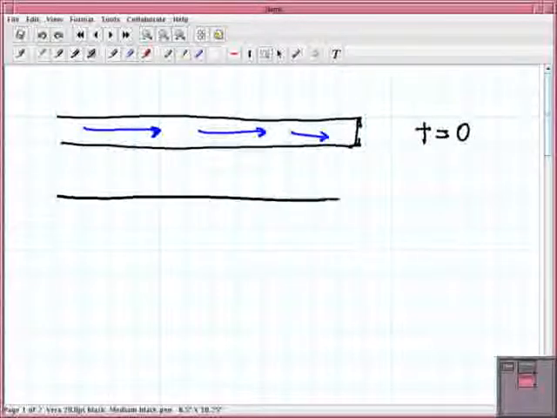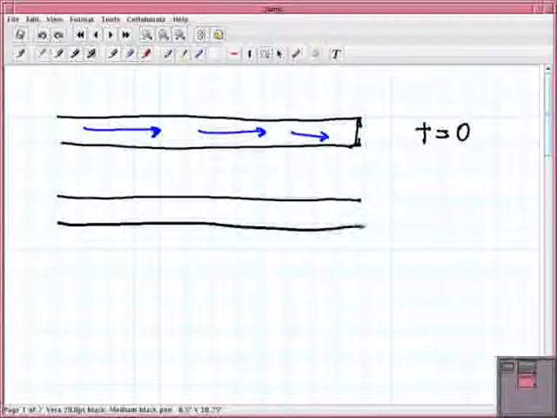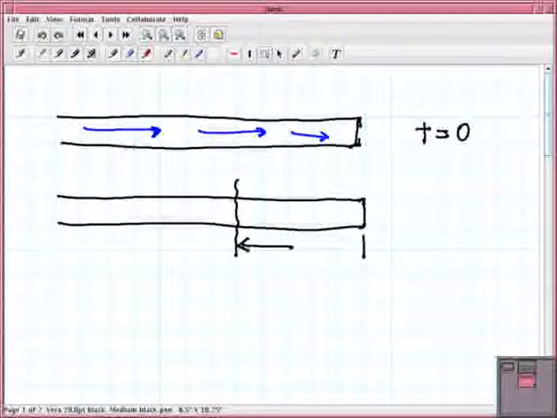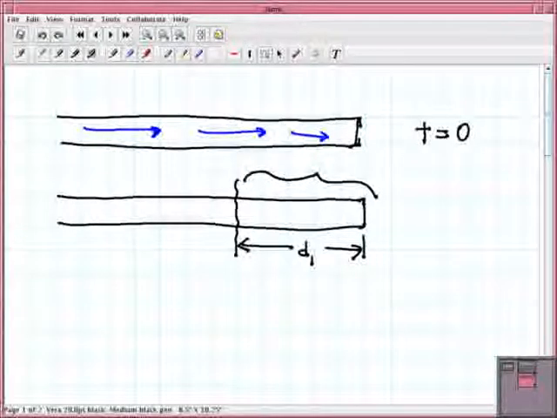And then a short while later, we're talking maybe 1,000th of a second, maybe less, we have the closed valve here. We have a shock wave that has made its way some distance up the pipe. We'll call that D1. I'm calling it D1 because this whole region in here, I'm going to call region number 1, the whole area from the end of where the valve is to where the shock wave has reached.